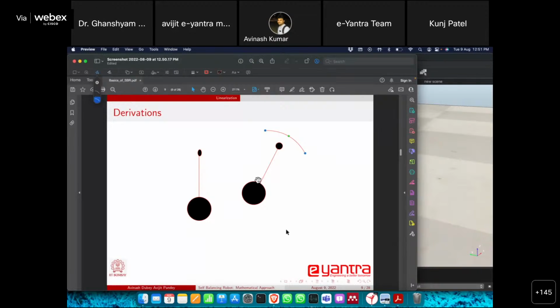That amount of torque will be decided based on the angle the body is making from the vertical, theta, which is basically one of the states.